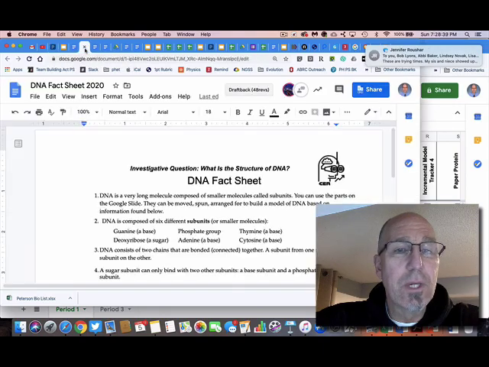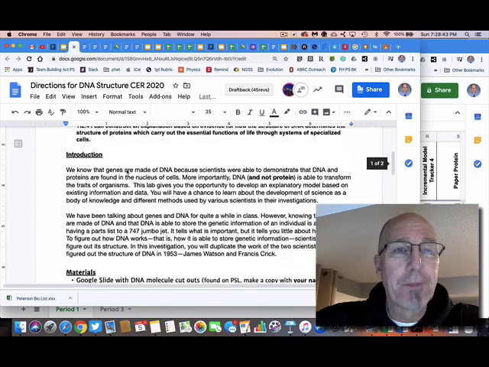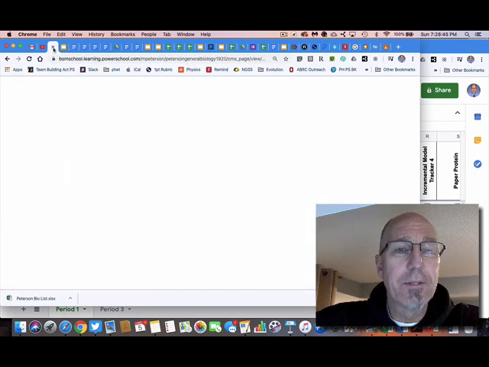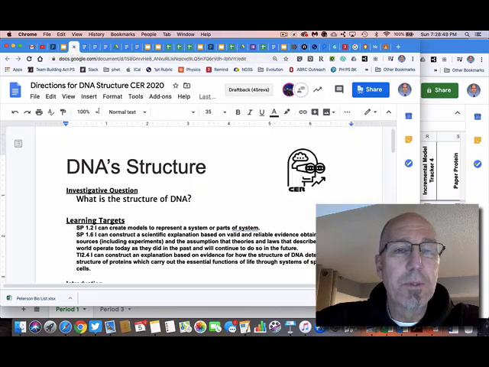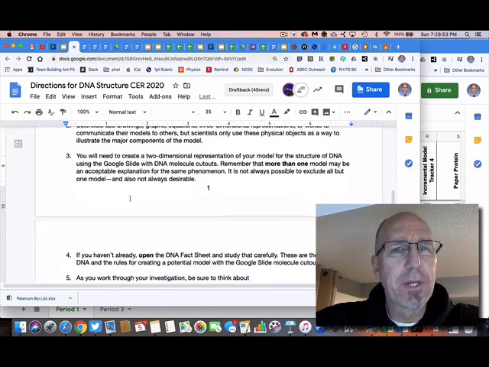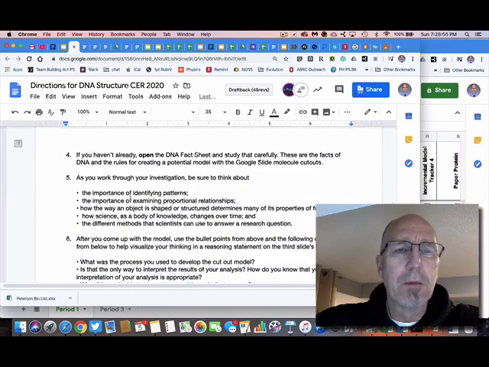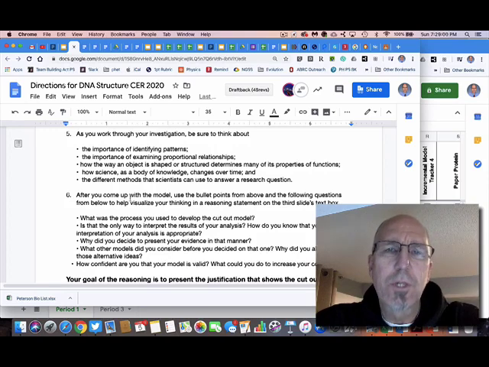Let's make sure you're reading the directions. The directions are right here, on the CER directions page. It has some important questions to help you with your reasoning, and I think people are getting stuck there. So look at 5 and 6, thinking about those questions and answering the reasoning part of the activity.